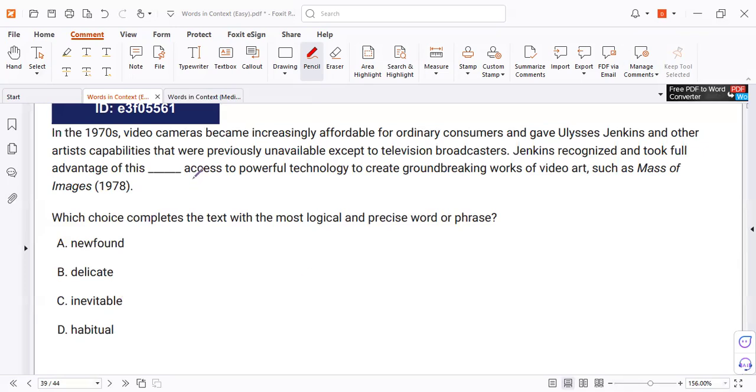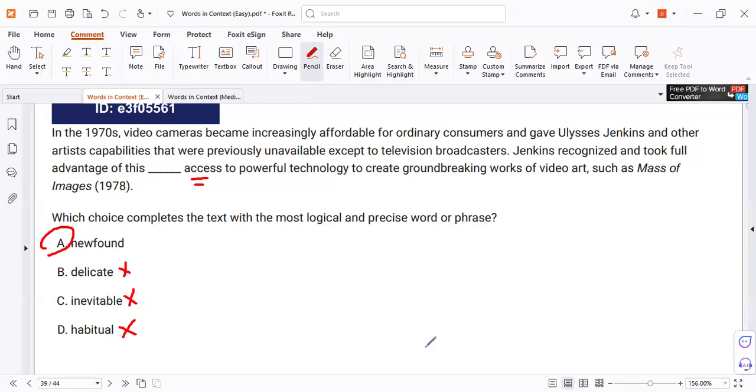We need an adjective for the access. You found access. Delicate means weak. Inevitable, unavoidable. There is no evidence. Habitual, something, it's habit. But what I'm talking about is usual or doing something regularly or repeatedly. Does not make sense. But newfound. What does newfound mean? It means something you found new, recently discovered, or recently established.